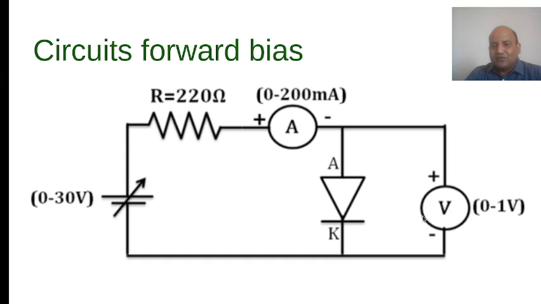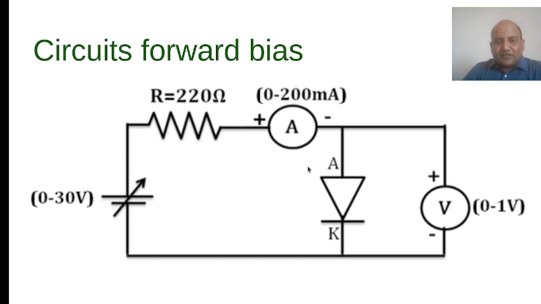This is the voltmeter which you connect across the diode. This circuit is for forward bias, because the positive terminal of the battery is connected to the anode and the negative terminal is connected to the cathode. Because of this, the diode is said to be connected in forward bias.